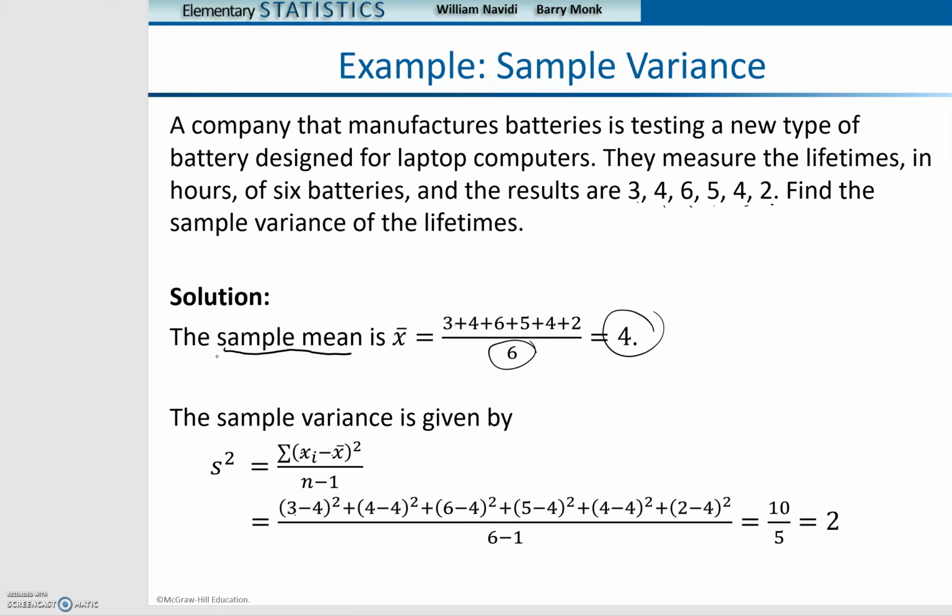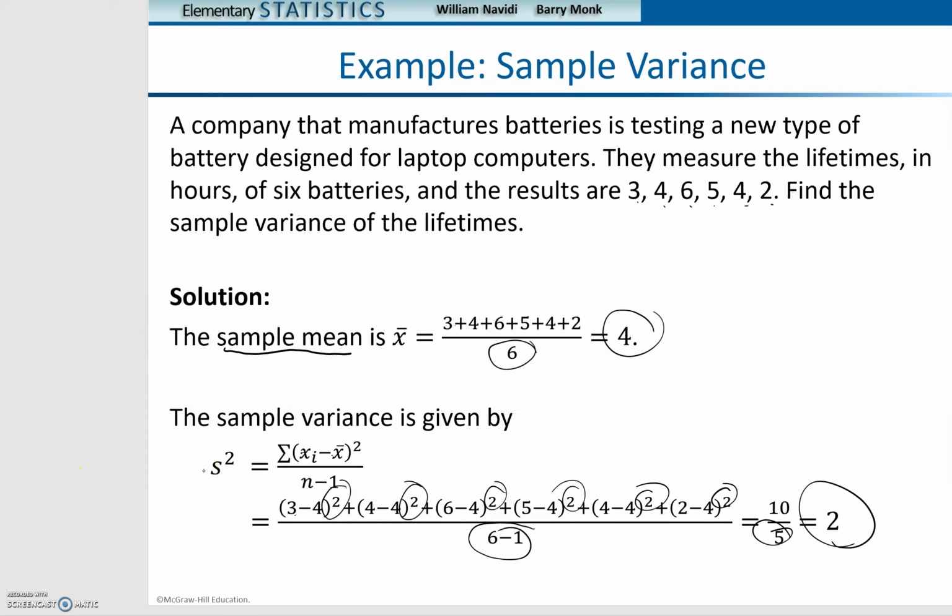Those are all the subtractions. Then they square them. Again, they're running it through as just one step instead of several steps. And finally, instead of dividing by 6, you divide by 5, and you get the sample variance is a 2.